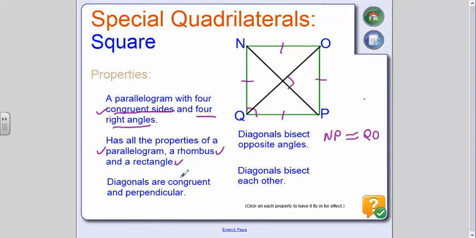So for diagonals, you're going to add that the diagonals are congruent and perpendicular, and that they bisect the opposite angles. So that means if you have your diagonal going through here, that bisects those two angles, and they also bisect each other. And if they're congruent, then each one of these is actually the same. So I really should make this, we'll fix that.